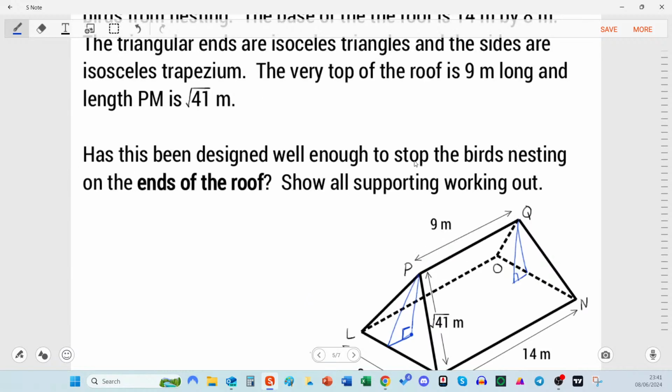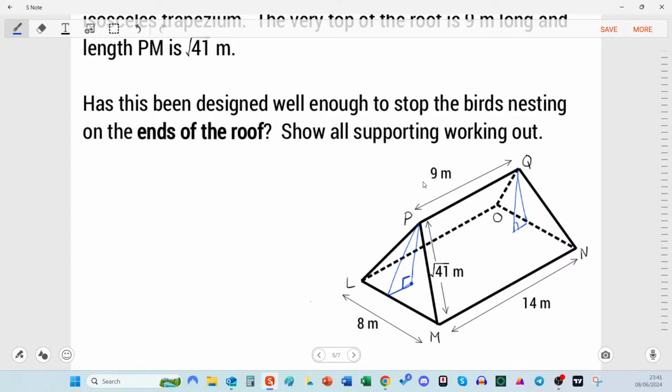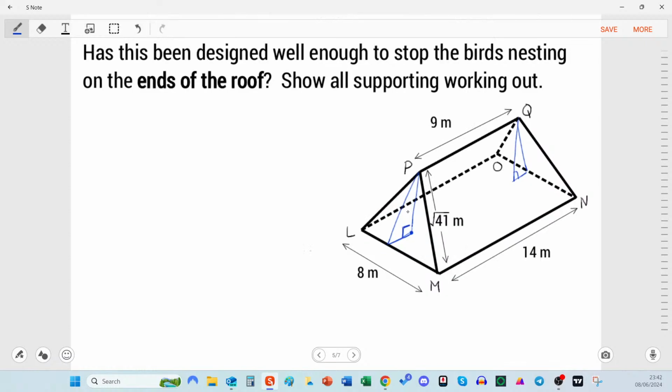Has this been designed well enough to stop the birds nesting on the ends of the roof? Show all of your supporting working out. Okay, we can do that. So what we need to show, I think, is this, look, this angle here in the triangle. This is the tilt of the roof. It's the angle of elevation.